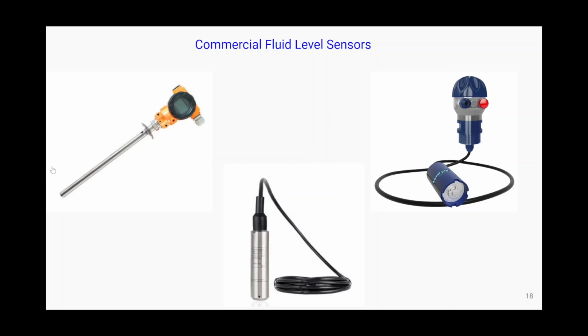This is the sensing element, and this is also the sensing element. We don't have time to go into the details, but as the course progresses, we will discuss these industrial or commercial level sensors as we do the prototype versions in our lab experiments.